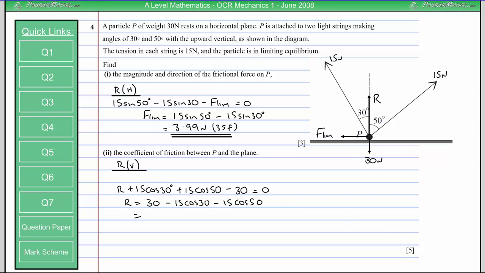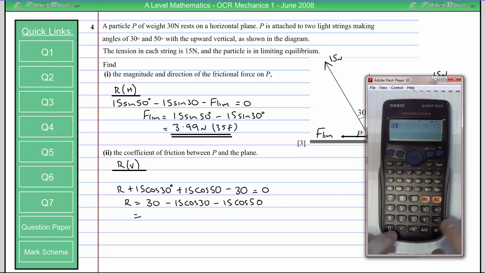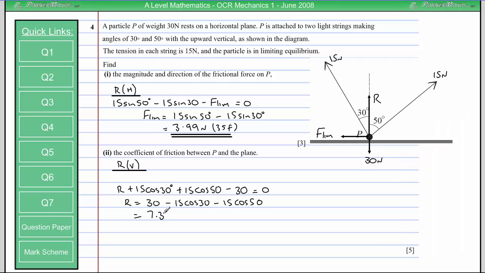Let's use our calculator to work that out. 30 minus 15 cos 30 minus 15 cos 50 gives us 7.37 newtons to three significant figures. However, we're going to need this calculation later on in the question, so I'm going to use the answer value in my calculator for this to get a more accurate answer for the next part.